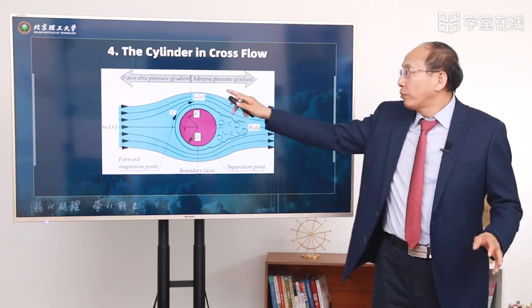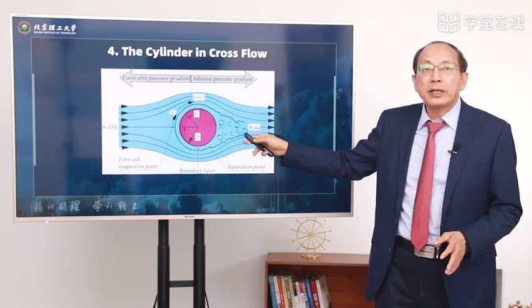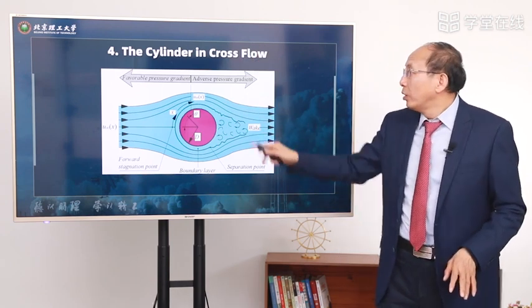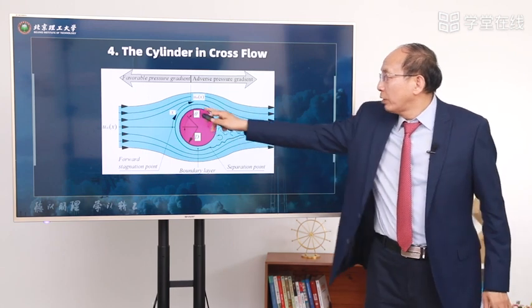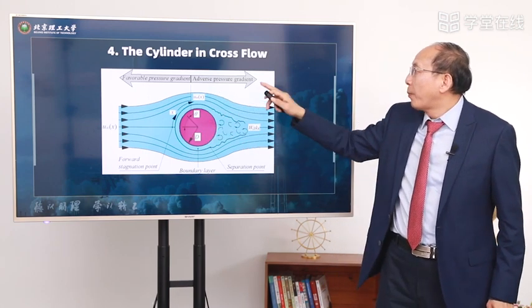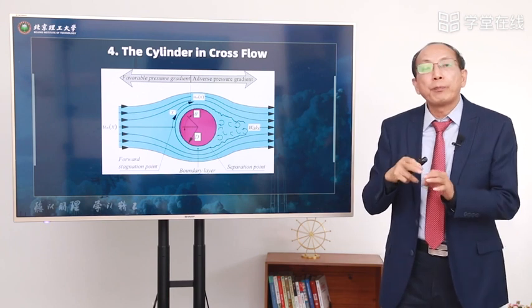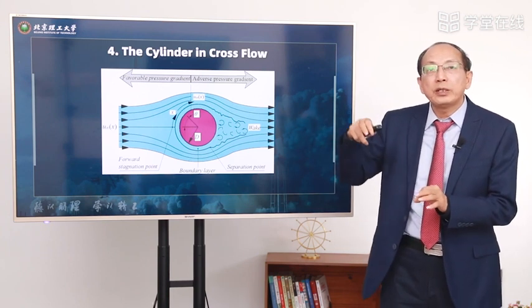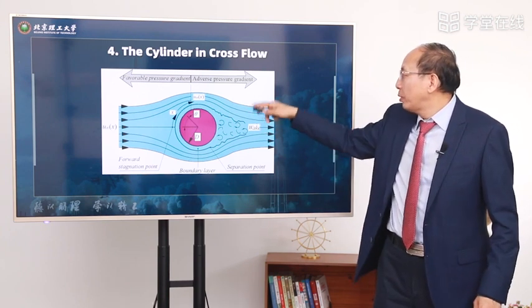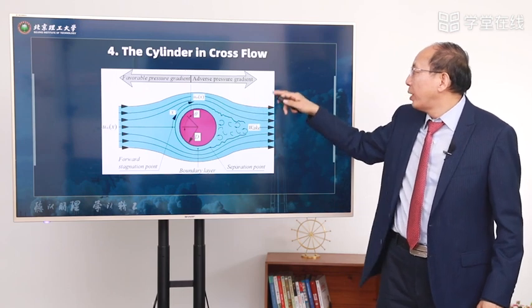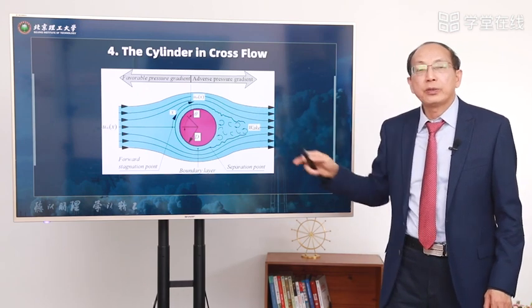So we can separate this pattern into two regions. In the front is a favorable pressure gradient. The pressure decreases, but in this region an adverse pressure gradient increases.